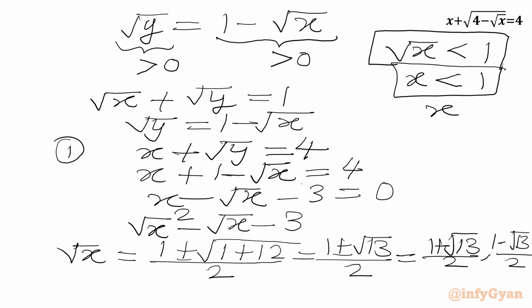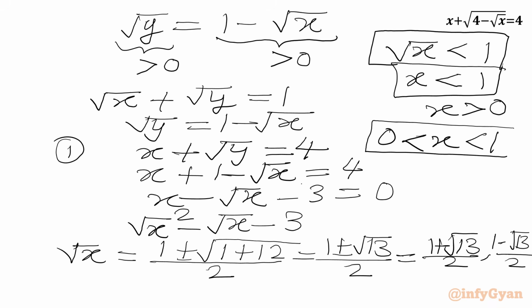Our condition on x at the beginning, root x is there, so x is greater than 0. So finally we should get the x value in the interval 0 to 1 for x to be real, for this equation root x plus root y equal to 1 for real solutions. So 1 plus root 13 over 2, root 13 is somewhere around 3.5, plus 1 is 4.5, over 2.